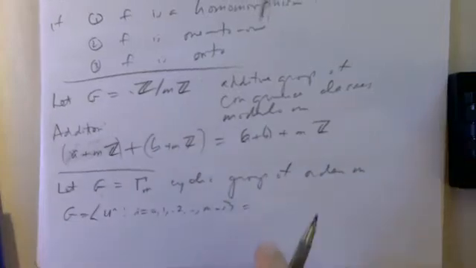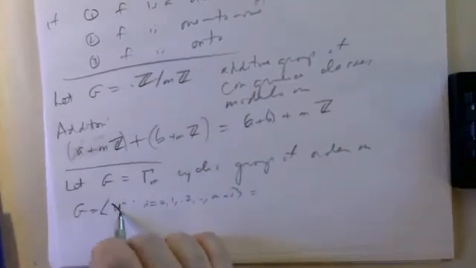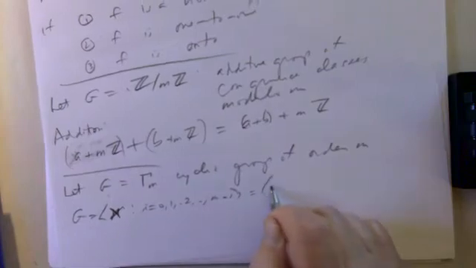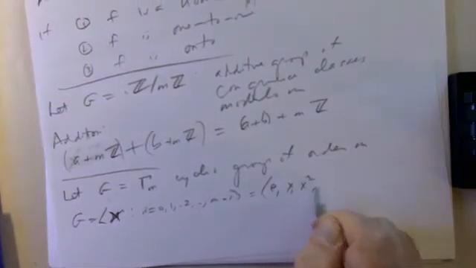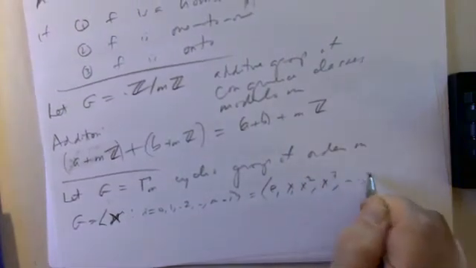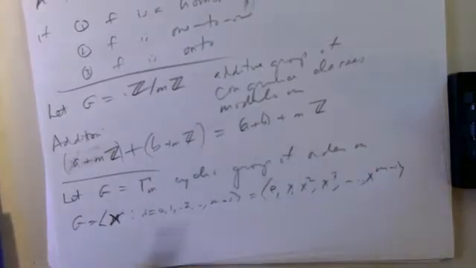So this is the identity, x, x squared, x cubed, up to x to the m minus 1.